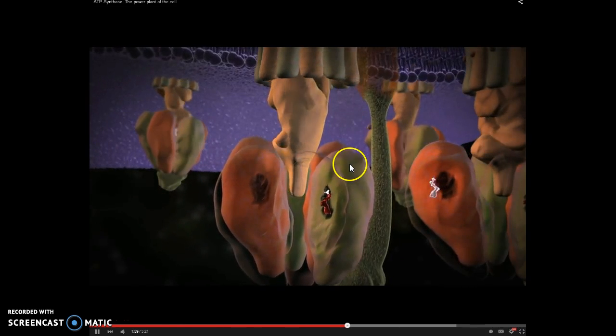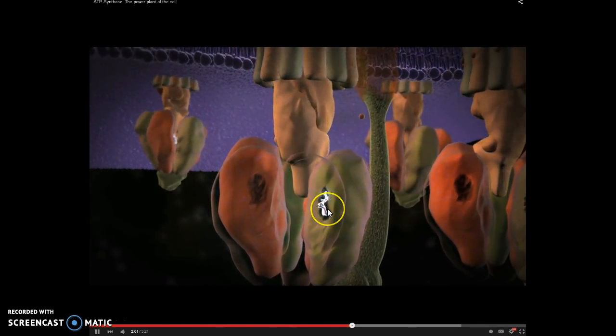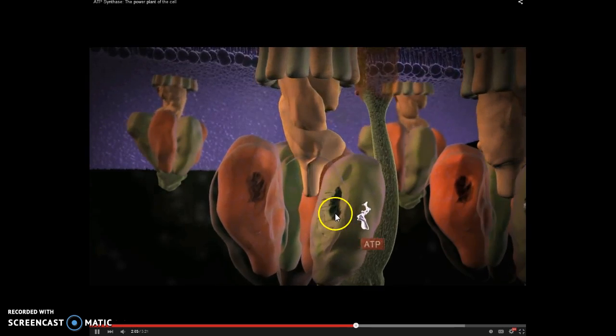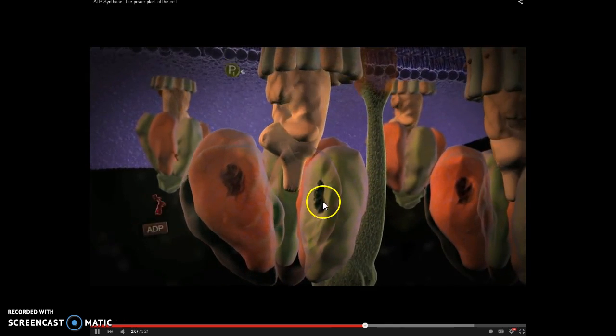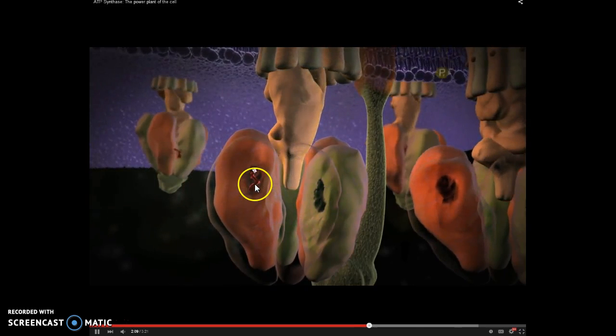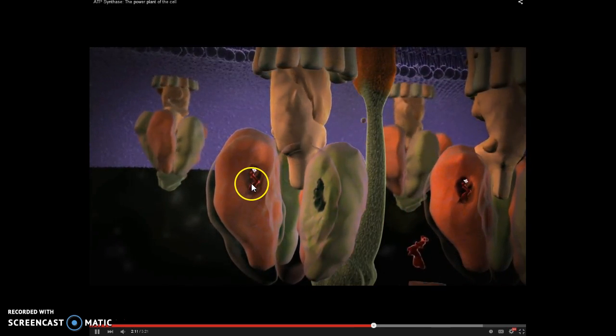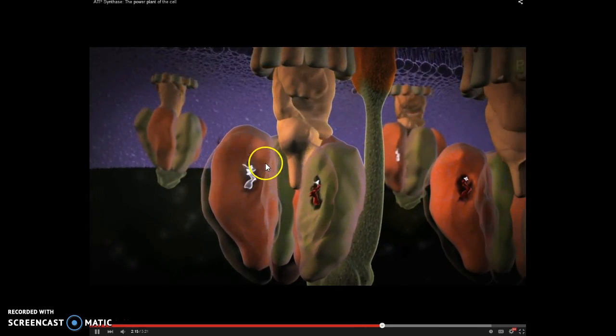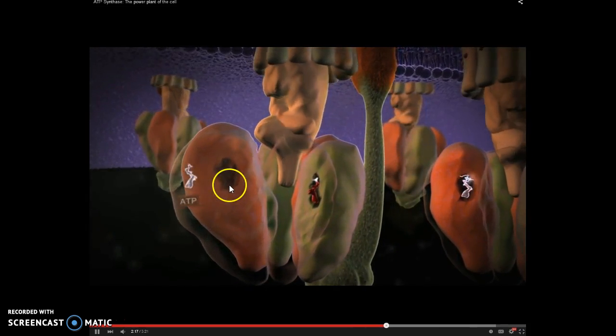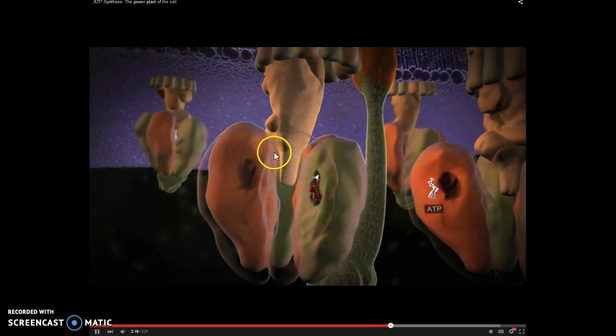Phosphate is coming into the active sites here, and ATP is being kicked out. ADP is coming into the active site here, and along with a phosphate, as you can see, energy is added and it's kicked out.